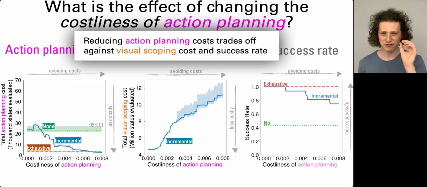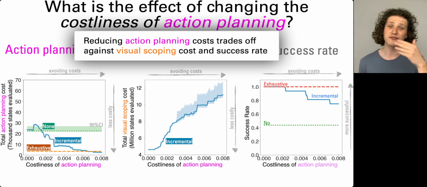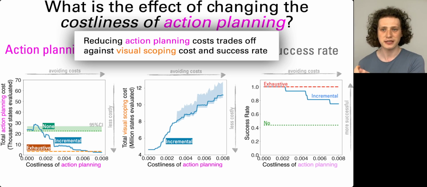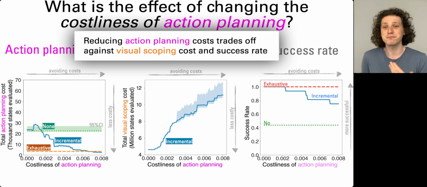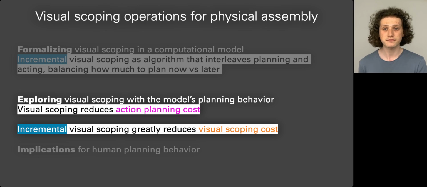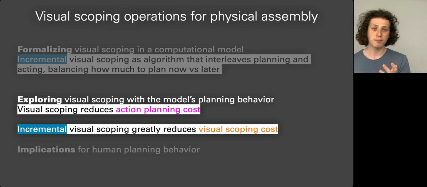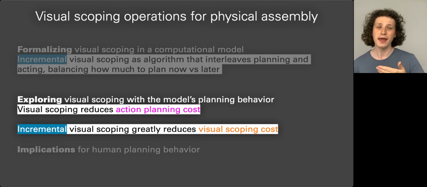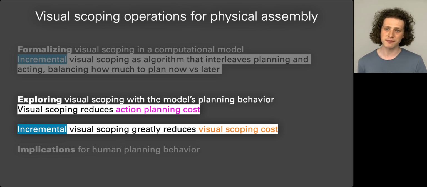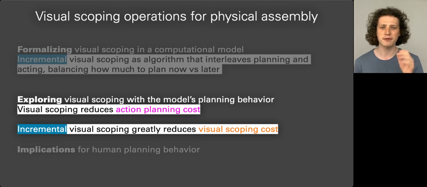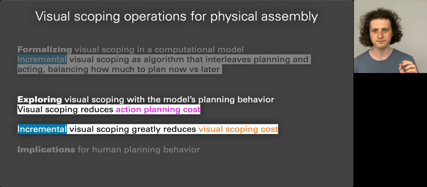So, incremental visual scoping explains trading off easier action planning against more subgoal searching and a lower success rate, where the sweet spot depends on the preferences of the planner, but the point being, you don't get anything for free. To summarize the model results, having subgoals for visual scoping indeed makes action planning easier. Incremental visual scoping can approximate the success of exhaustive visual scoping, but at a much smaller cost of searching subgoals.